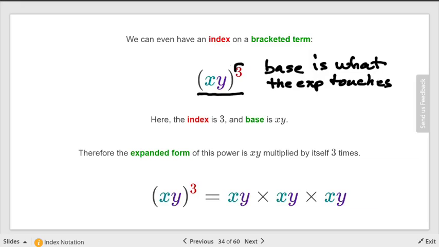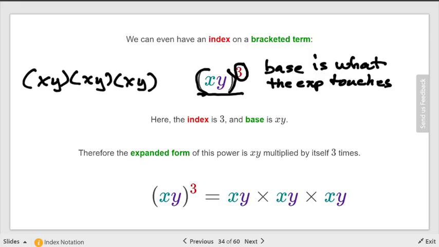So, what is this 3 actually right next to? The bracket. So that means you're taking the entire bracket times itself 3 times. So xy, xy, xy. So you must be careful about what the base is so you'll know what to multiply together.